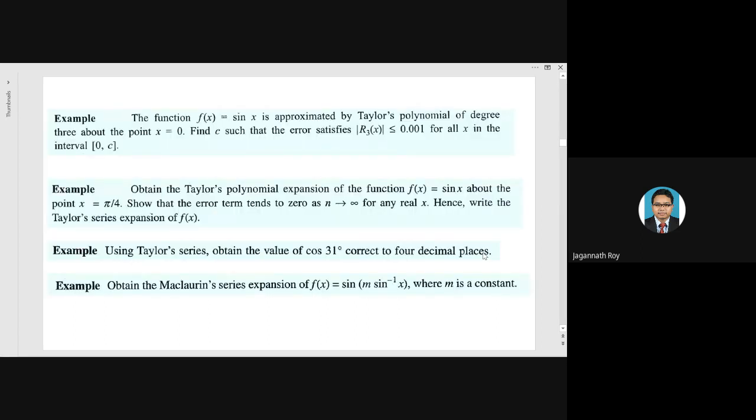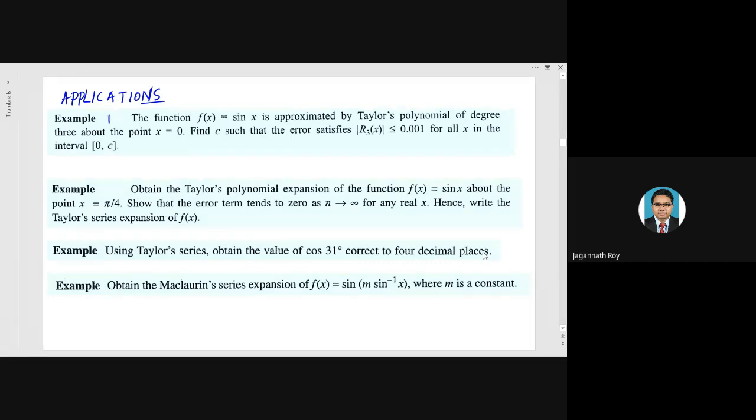Now, the applications of Taylor's theorem, or Taylor's polynomial, can be seen here.